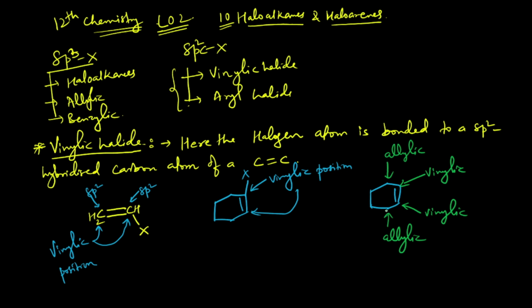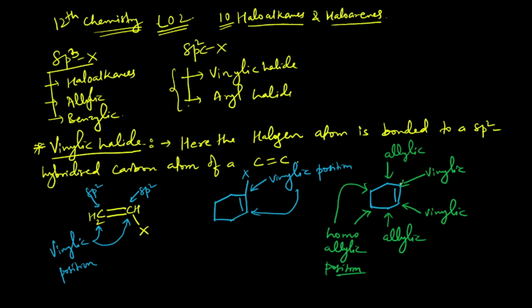Now one more name is there: next to the allylic position, if it is sp3, we call it the homoallylic position. Likewise here also, next to the allylic position is your homoallylic position. So all the 6 positions we can name for this particular compound.